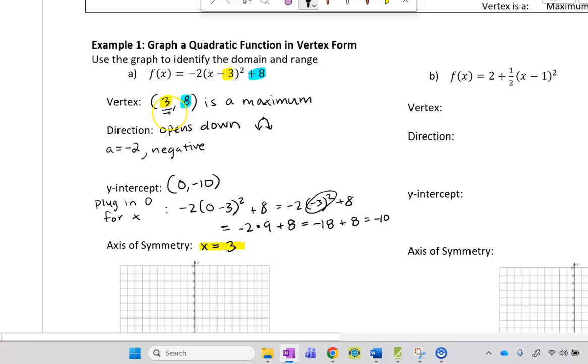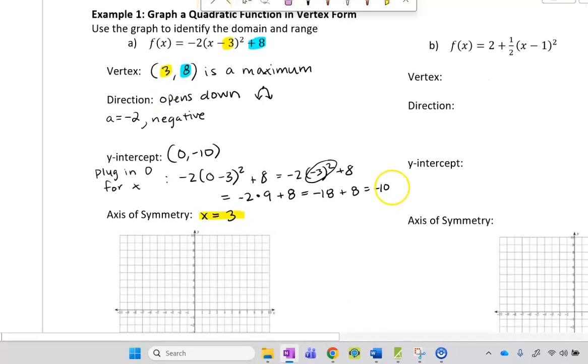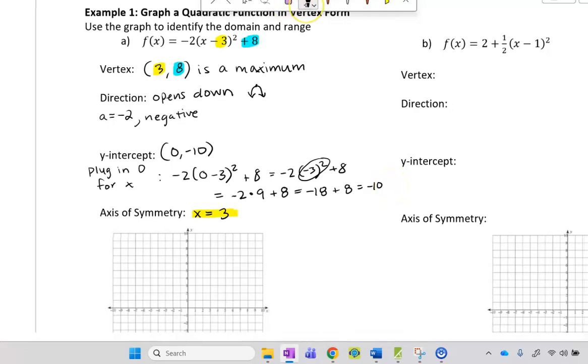So this number right here tells me the axis of symmetry. And the last thing that I want to mention before I start graphing this is if a is -2, your slope is going to be down 2 over 1.